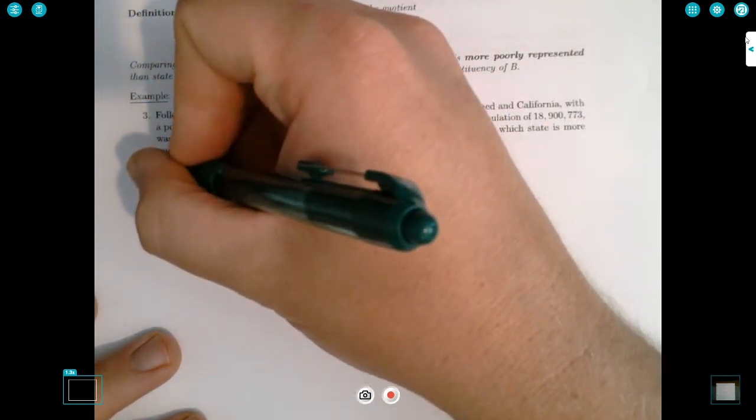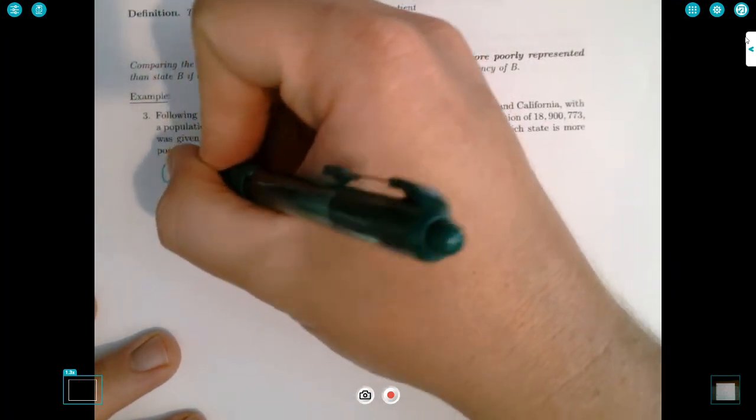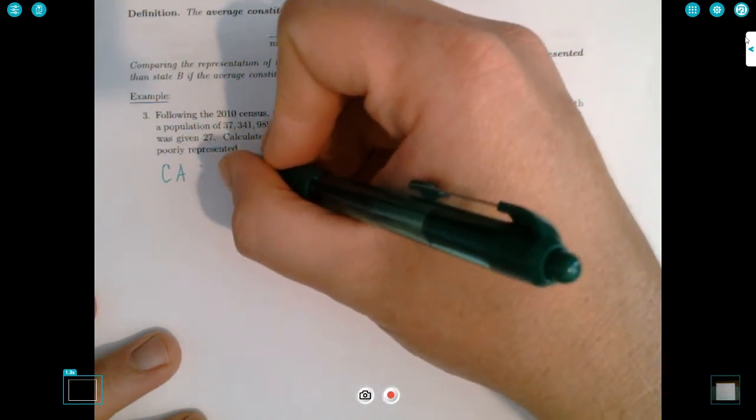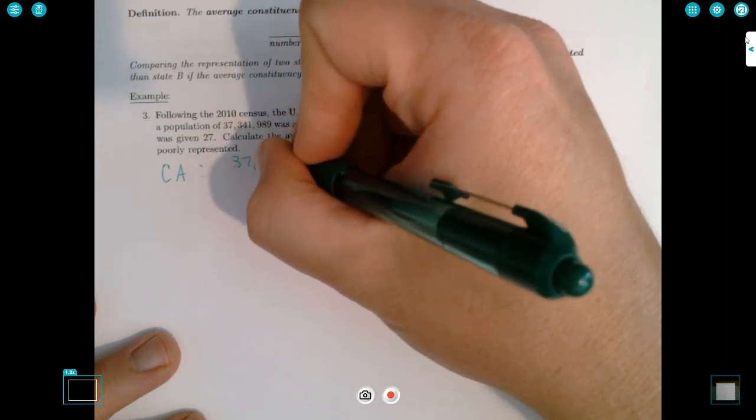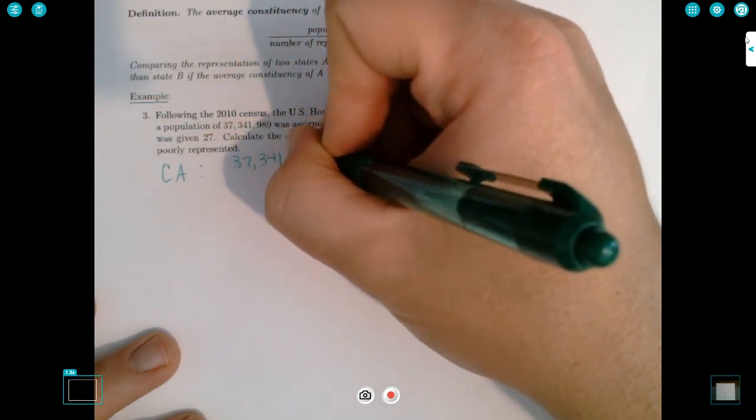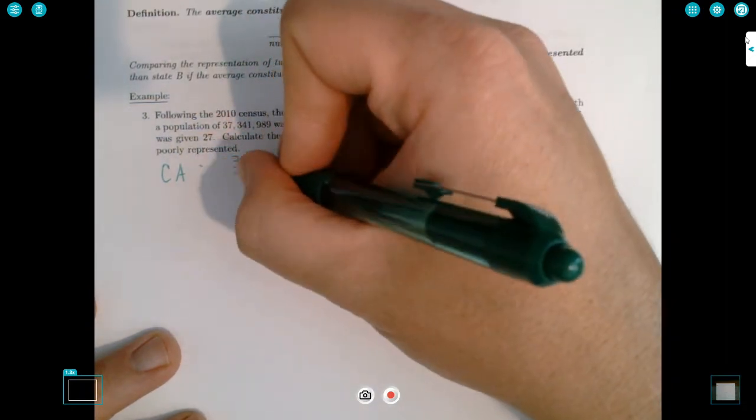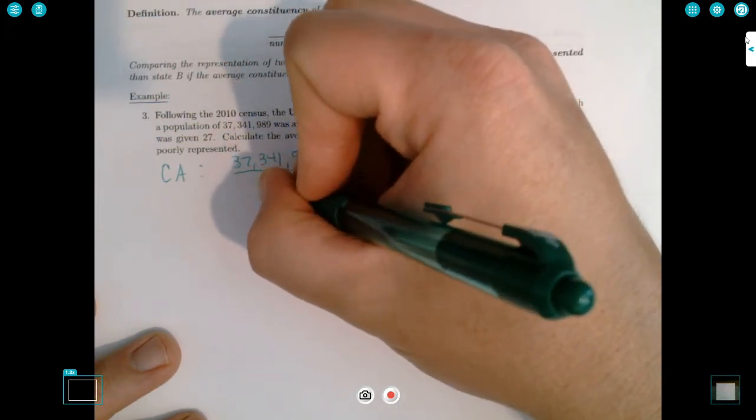So for California, the population of the state was 37,341,989, and the number of representatives was 53.